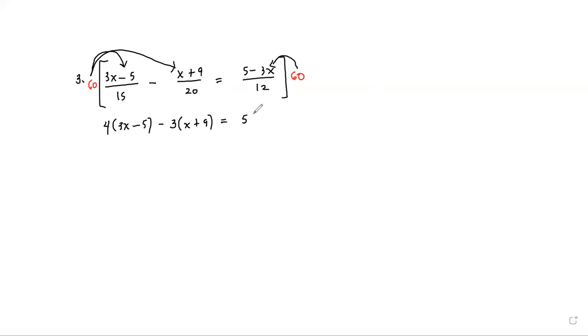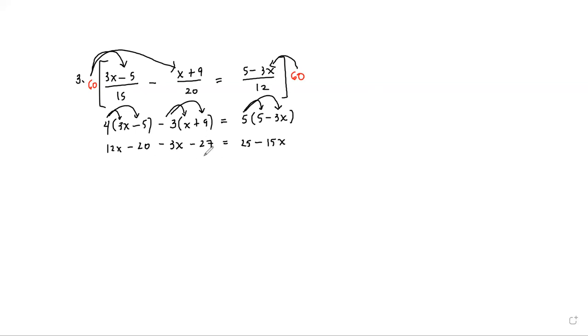And then we multiply this to 5 minus 3x. And then distributing 4, negative 3, and 5 to the respective terms, we get 12x minus 20 minus 3x minus 27 equals 25 minus 15x.